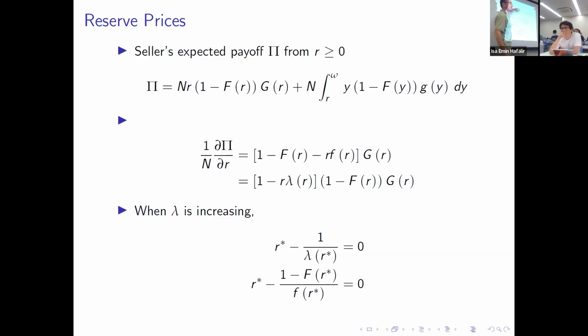Whether the upper part is changing with the variable that you are taking the derivative for, which it doesn't. So I'm taking the derivative with respect to R, so this will be 0.